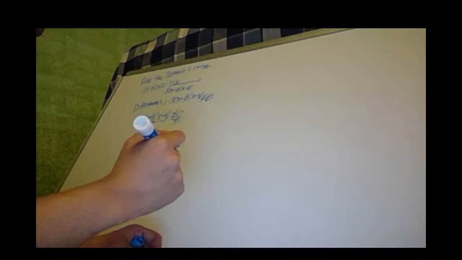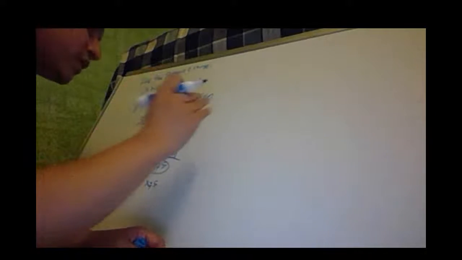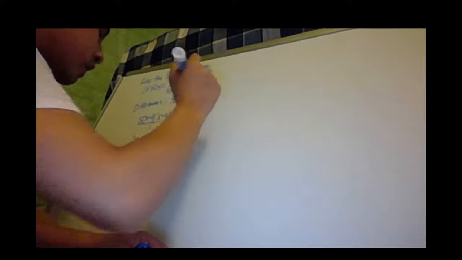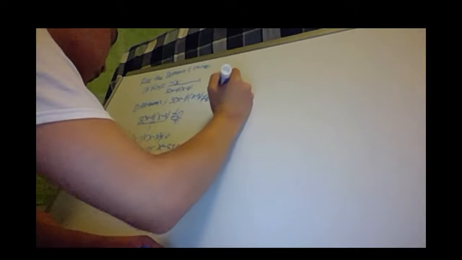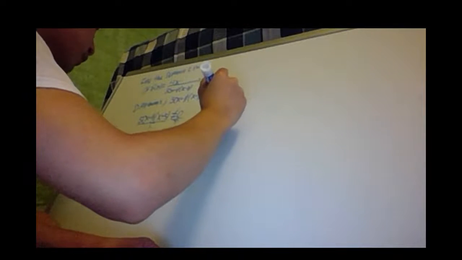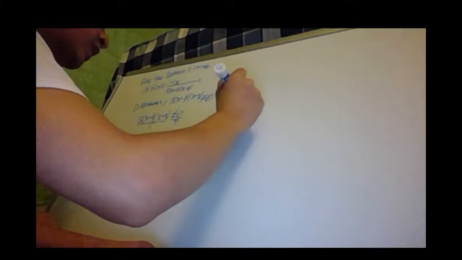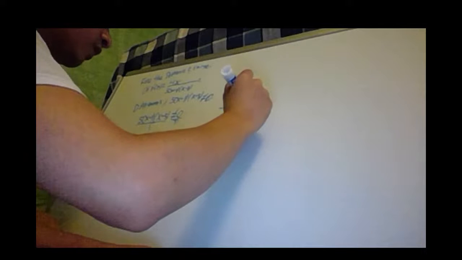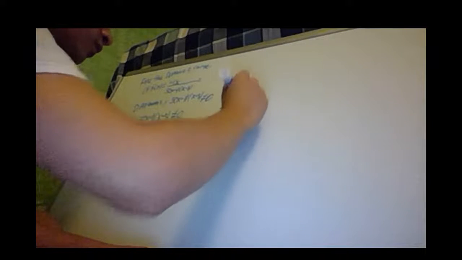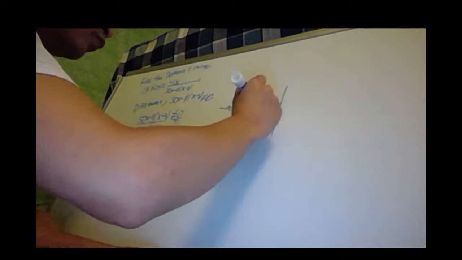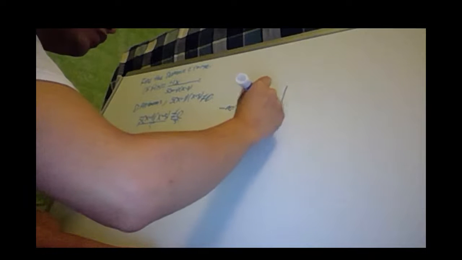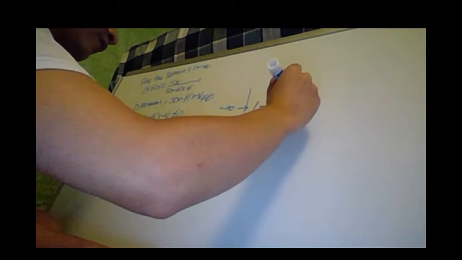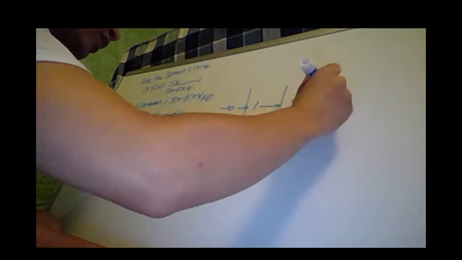So for the domain for this function, we have negative infinity to 1, and then from 1 to 5, right? And then from 5 to infinity.